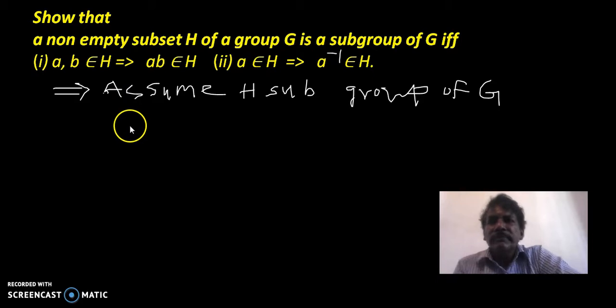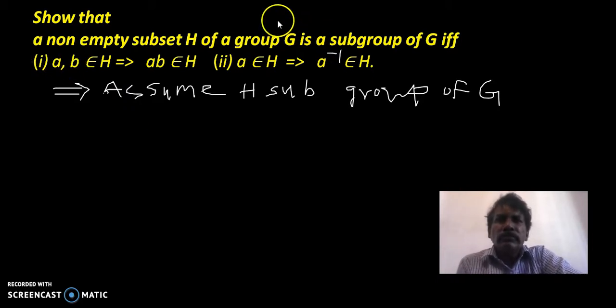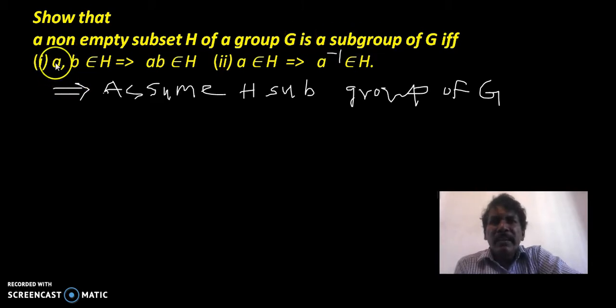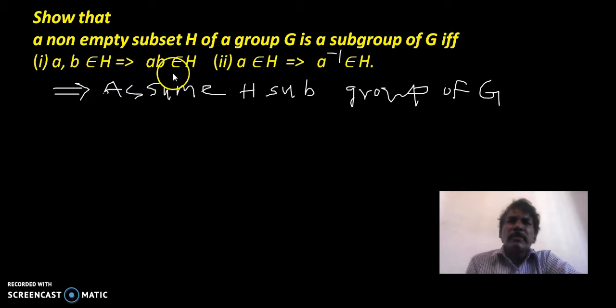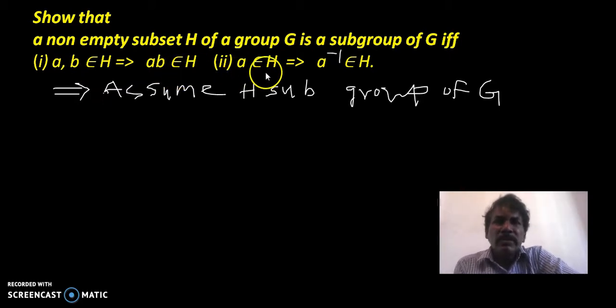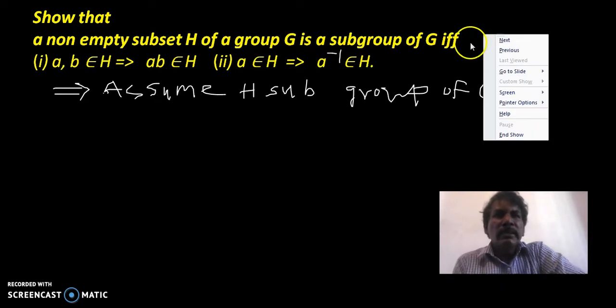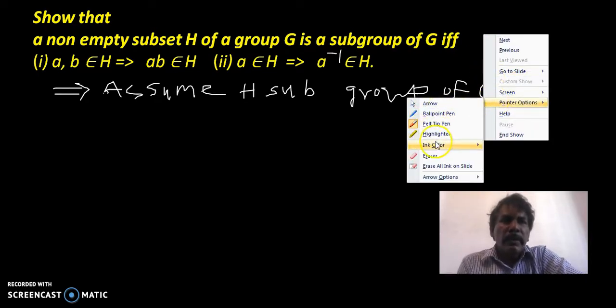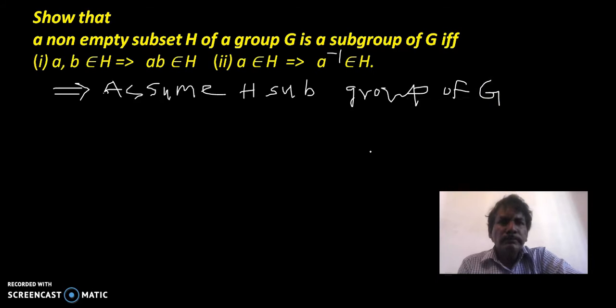Now H is a subgroup of G. Then we have to prove that if a, b belongs to H implies ab belongs to H, and a belongs to H implies a inverse also belongs to H. So this we can prove in a good way as follows. Now, see the picture here nearby.